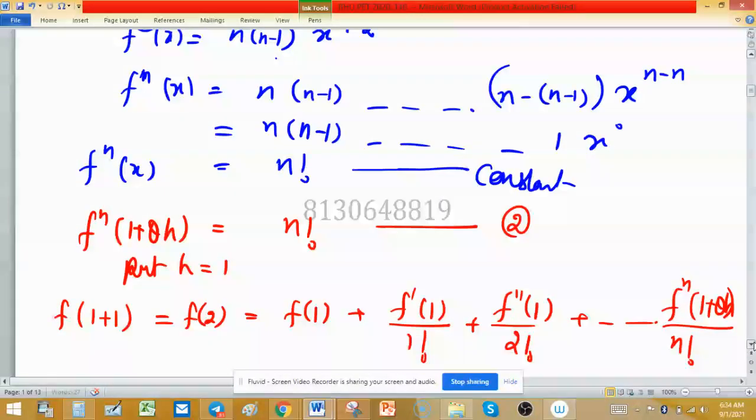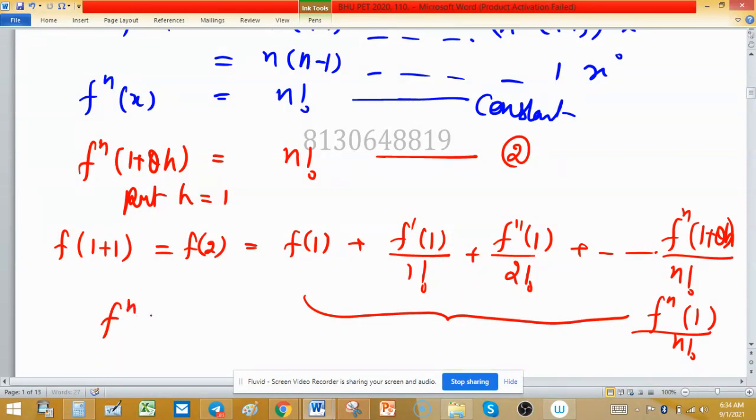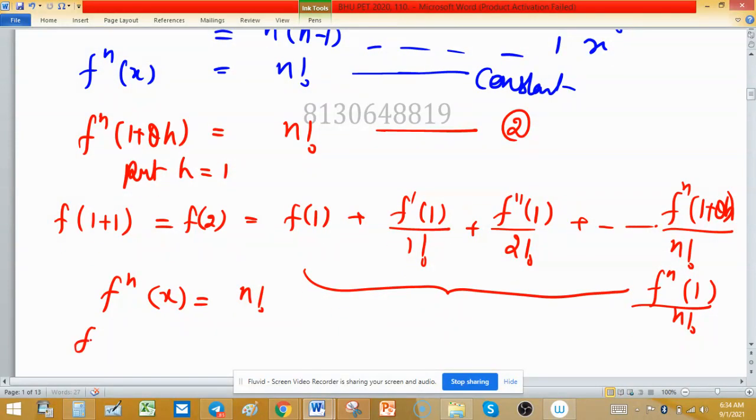Because the nth derivative f^(n)(x) equal to n factorial is constant, f^(n)(1+θh) will be n factorial.